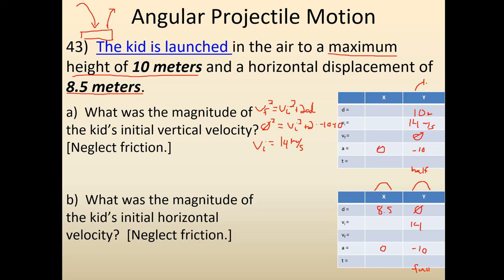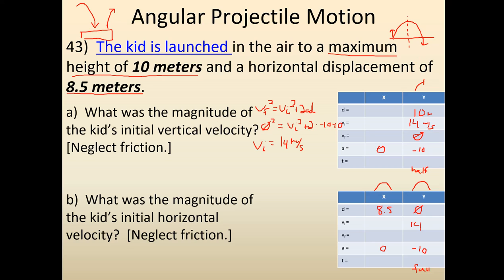Now I'm going to do neither of those. I'm actually going to do a simpler one. So I said before that these projectiles are symmetric. I've said this before, that the reason why we can just double the time it takes to get to max height to get the full time is because of the symmetry. The amount of time it goes up is equal to the time it comes down. This vertical velocity it goes up at is the same as the velocity it comes down at.